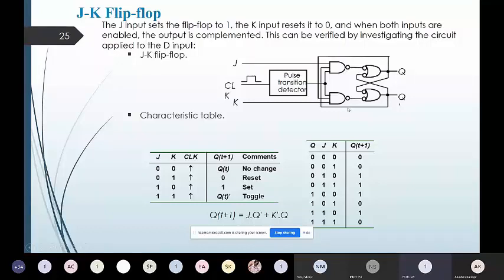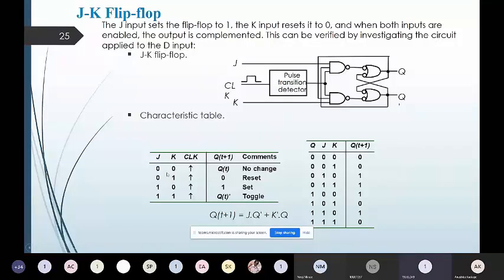If you observe the previous diagram for the SR flip-flop and the JK flip-flop, the change is only in the inputs. Here, when the J input is 1, it will set the flip-flop, and when the K input is 1, it will reset the flip-flop.